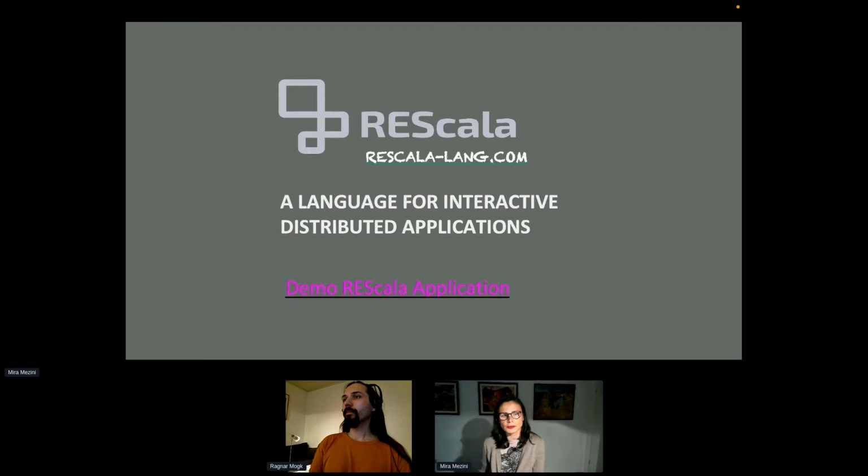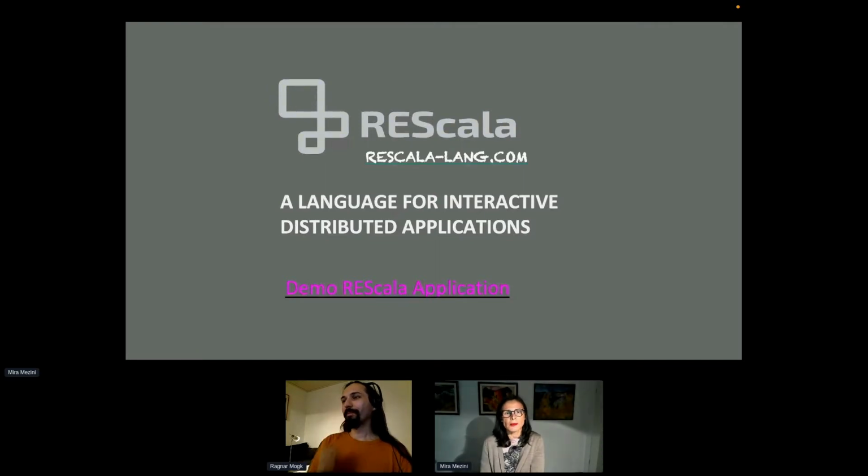So he said a toolbox. At the beginning, I said a language, so what is it? We call it a reactive language, and the name says it's embedded into Scala, but actually it is basically a set of APIs and a set of libraries in Scala. So technically, it is a toolbox, a set of building blocks.